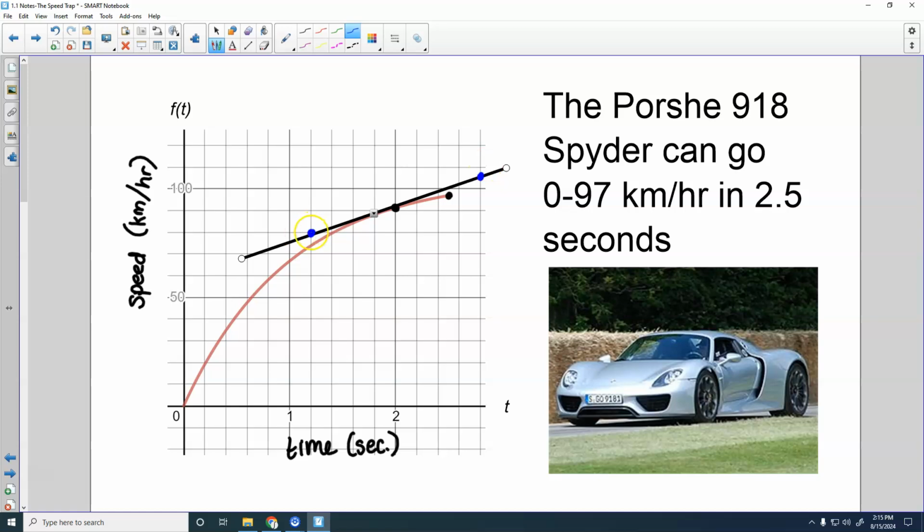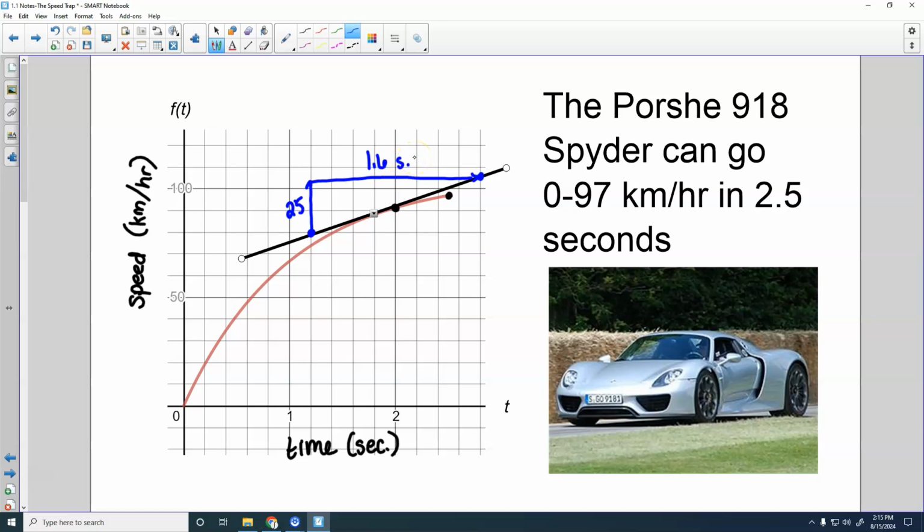So if I find the slope of that, let's look at how much we go up and how much we go over. This is an estimate, so it won't be perfect, but each one of these is 10 kilometers per hour, so that's about 25 kilometers per hour, and then each one of these is 2/10, so that would be 1.6 seconds, I think.